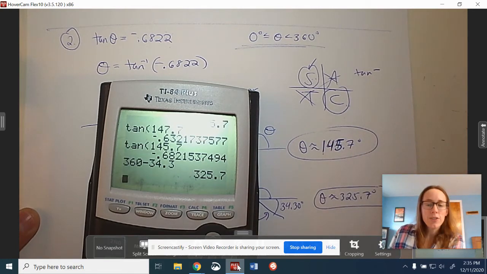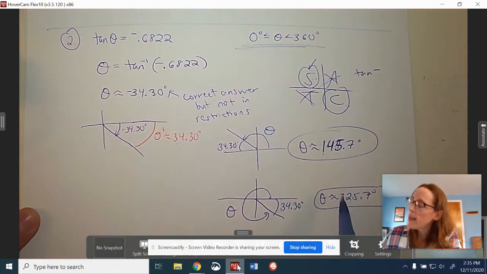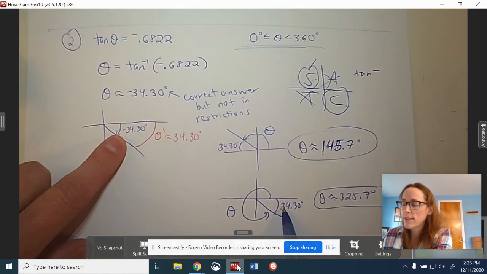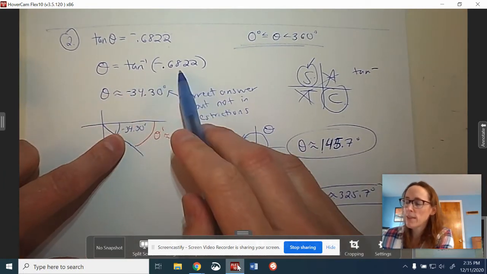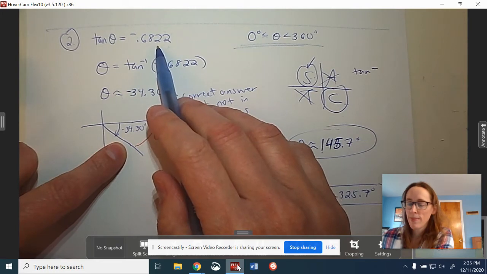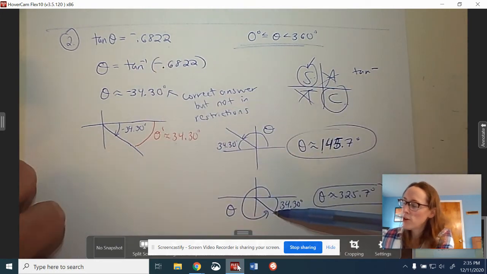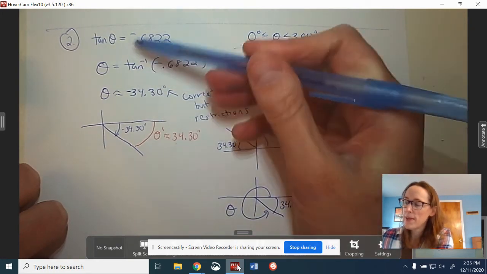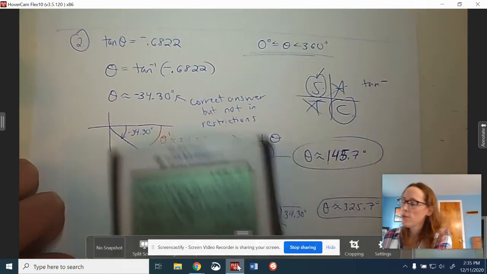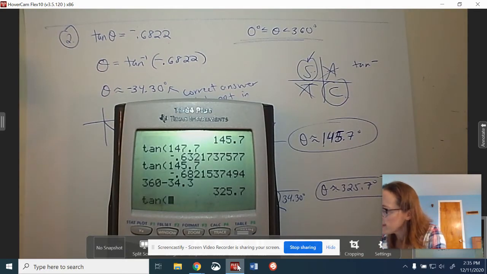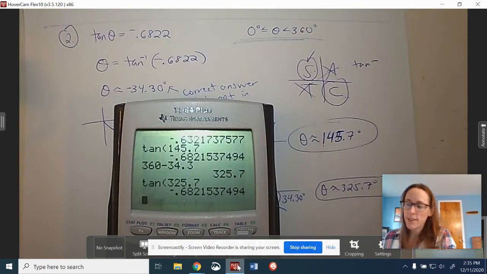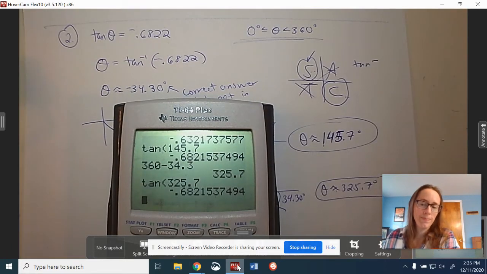And that is a correct answer. Because it has the same reference angle as this one, I'm going to get the 0.6822. Because this is in quadrant 4, tangent's going to be negative like it's supposed to be. So if I check that answer, tangent of 325.7 gives me the ratio I'm looking for.